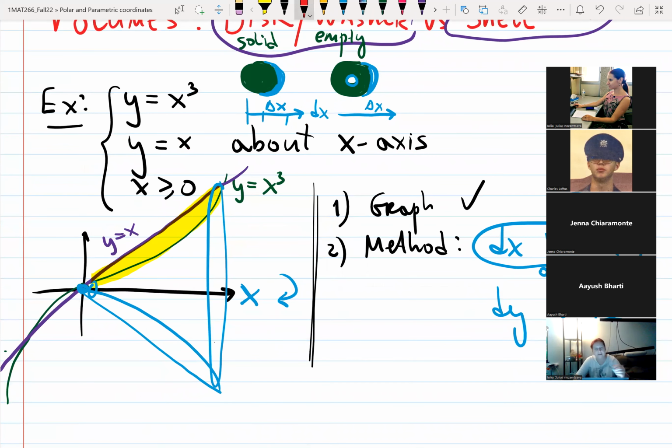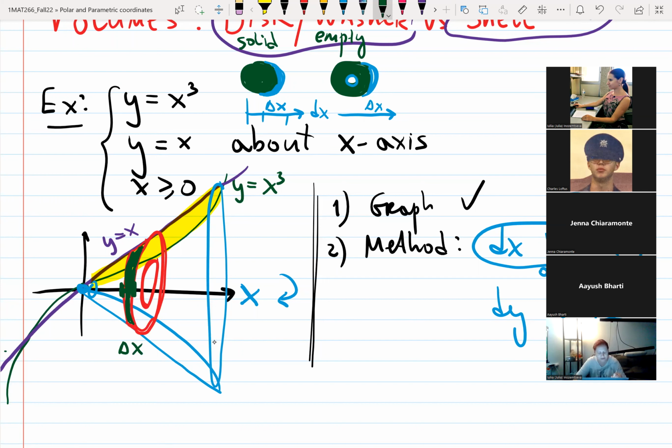But why? Because when I'm slicing all of this 3D shape with, what did I call them? Rings or washers. I like to see them as rings. The thickness will be described in x-axis value units. See, the shadow or projection of the thickness of this ring is on the x-axis.